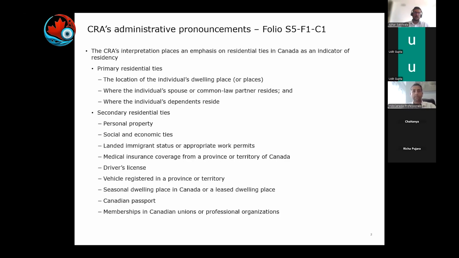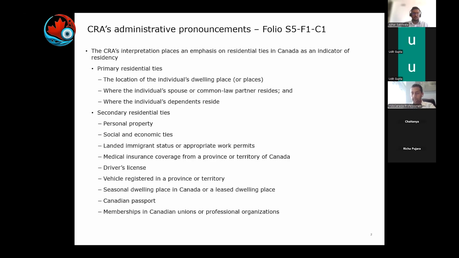your arrival? There are also certain secondary ties to be evaluated, but those are evaluated only if there is a conflict between primary ties. So let's say you have a house in India as well as in Canada. Your family is split. Let's say your spouse is in Canada, but your children are currently in India, or vice versa.